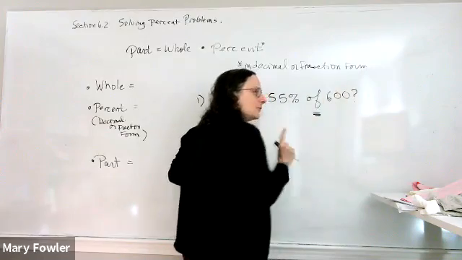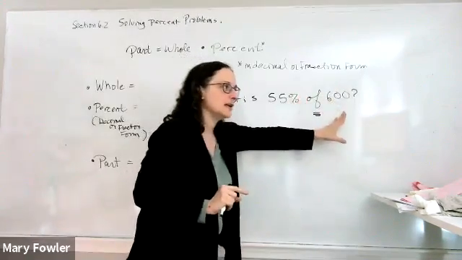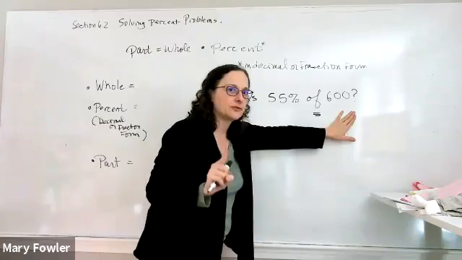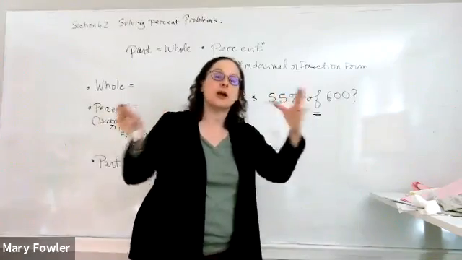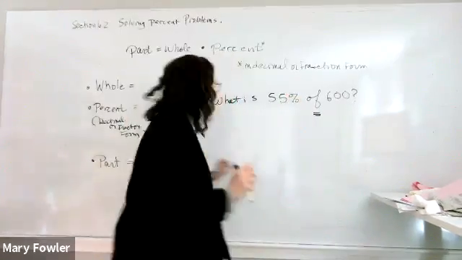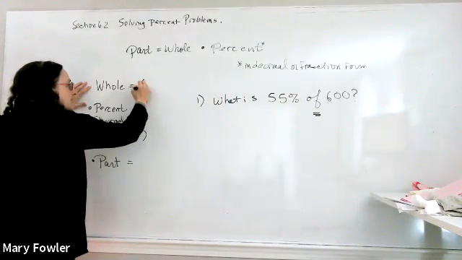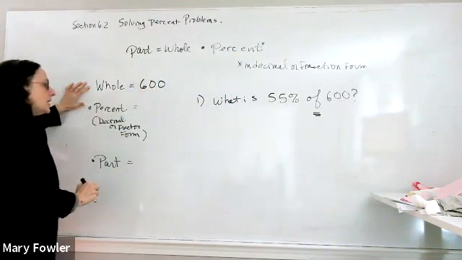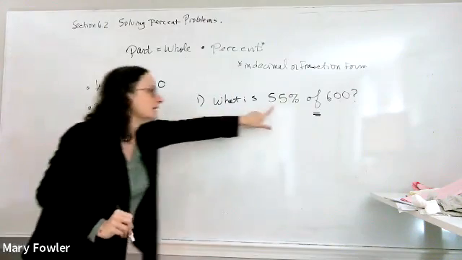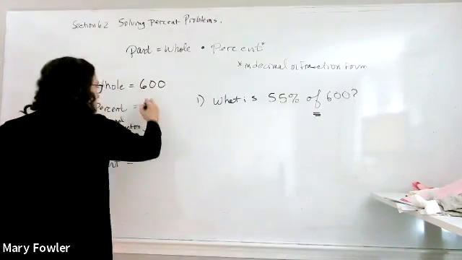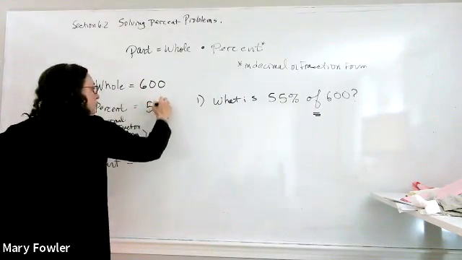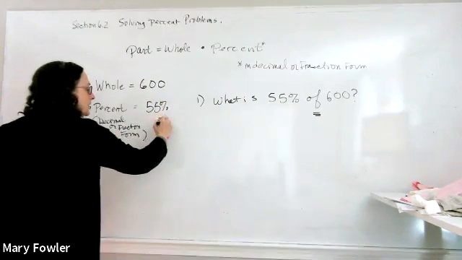So usually if you find that word of in a problem, the number that comes after it is actually the whole piece that we're trying to find the percentage of. So whole in this case is 600. The percent that I'm interested in is 55%. And now I want to translate that either into a decimal or a fraction.